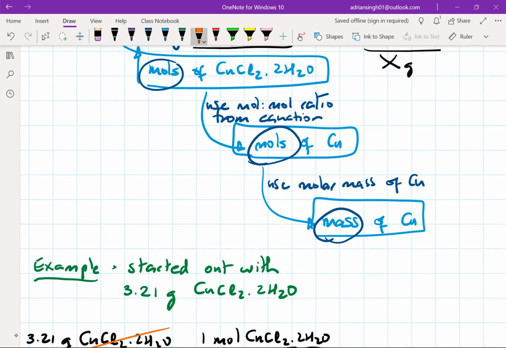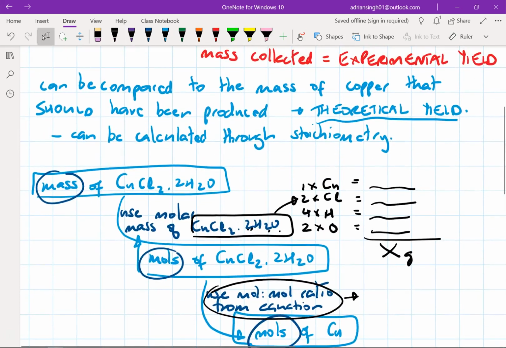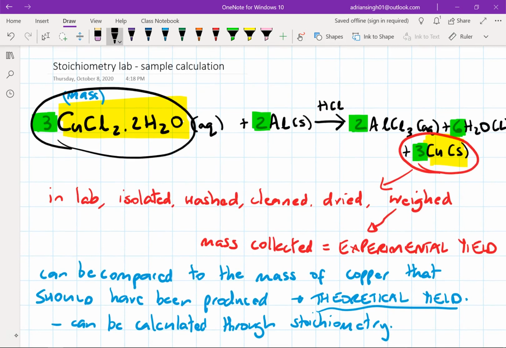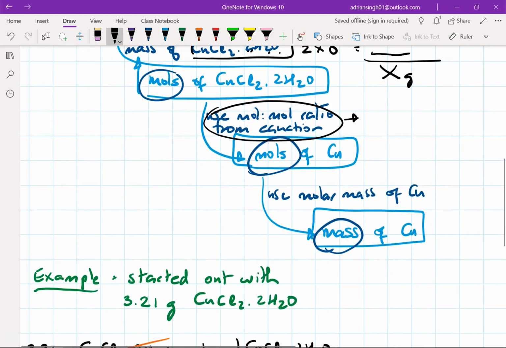Then we're going to use the mole to mole ratio from the balanced equation. When we look at the equation, this tells us that 3 moles of copper chloride produces 3 moles of copper. So 3 moles of CuCl2.2H2O is equal to 3 moles of copper.